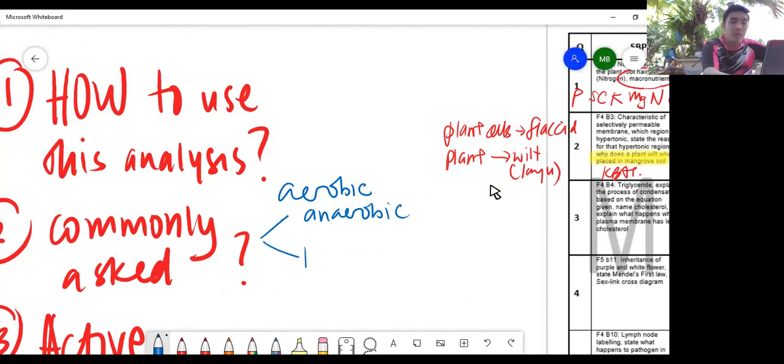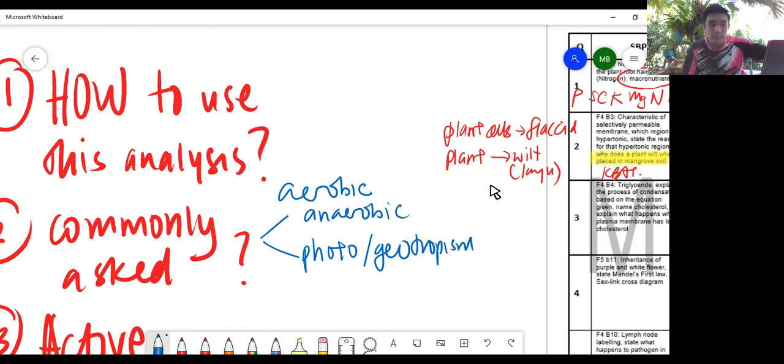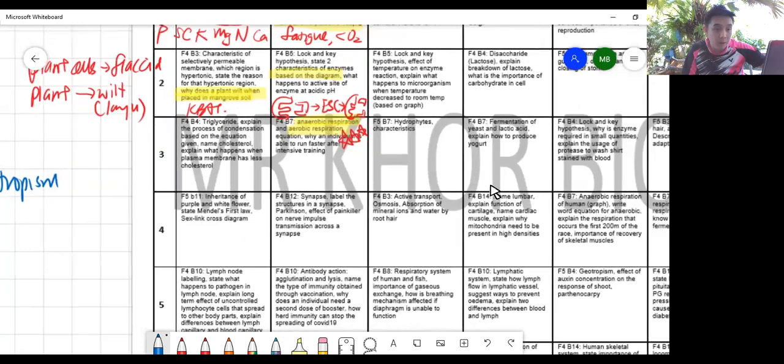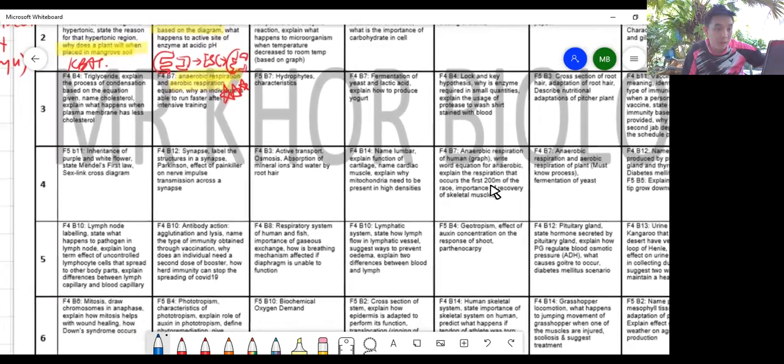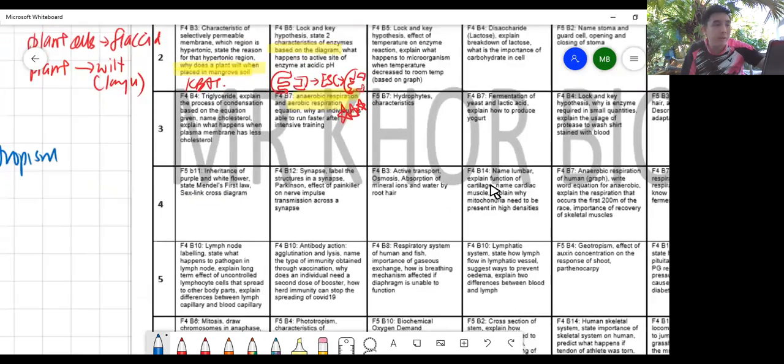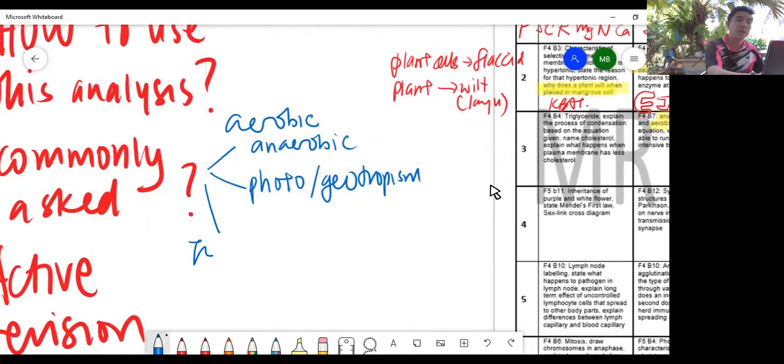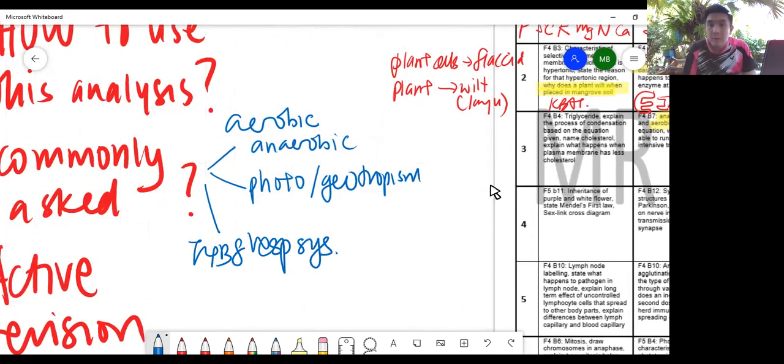They love to ask phototropism, geotropism, and the respiratory system. For most of the state papers, they did ask most of these three things.